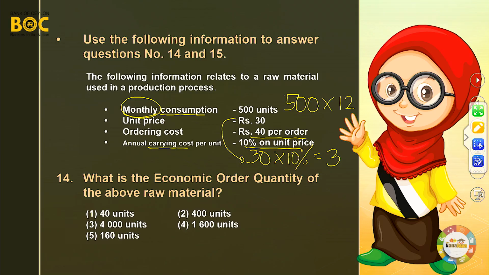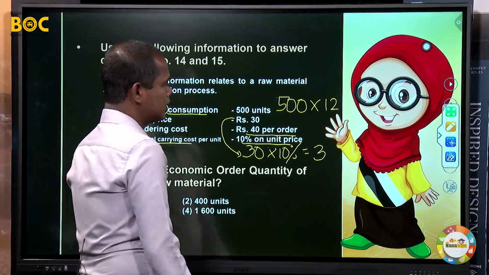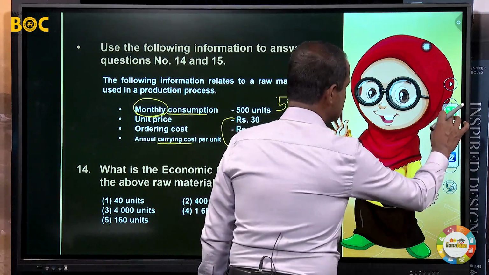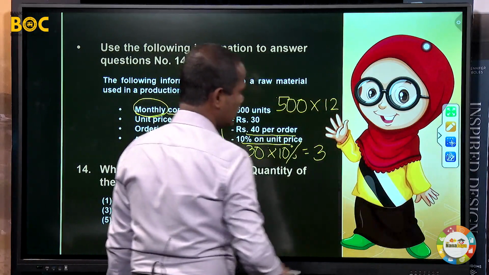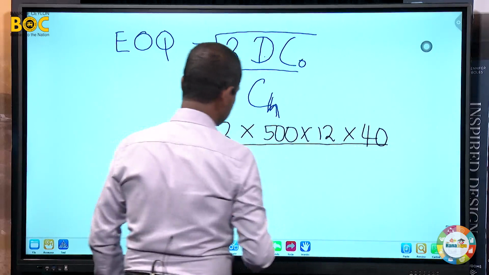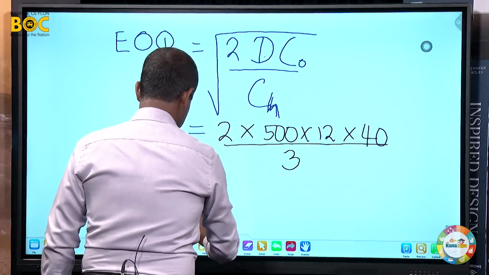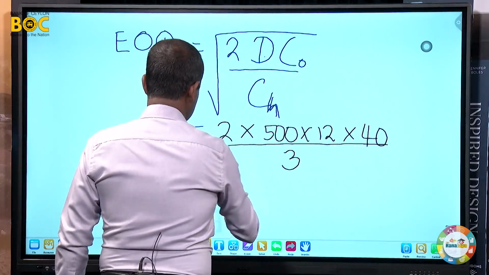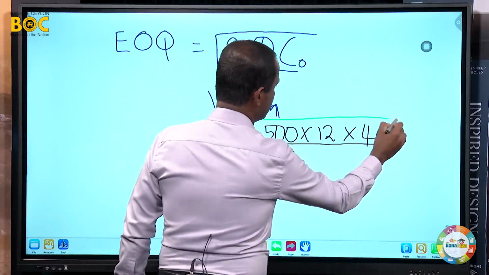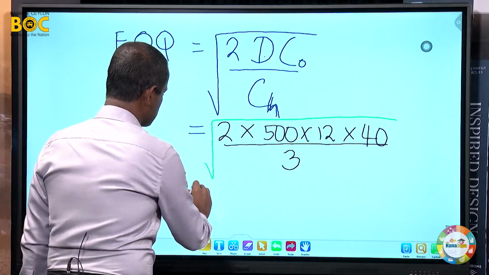The holding cost per unit is 30 into 10%, 3 rupees. You can get the answer of this.